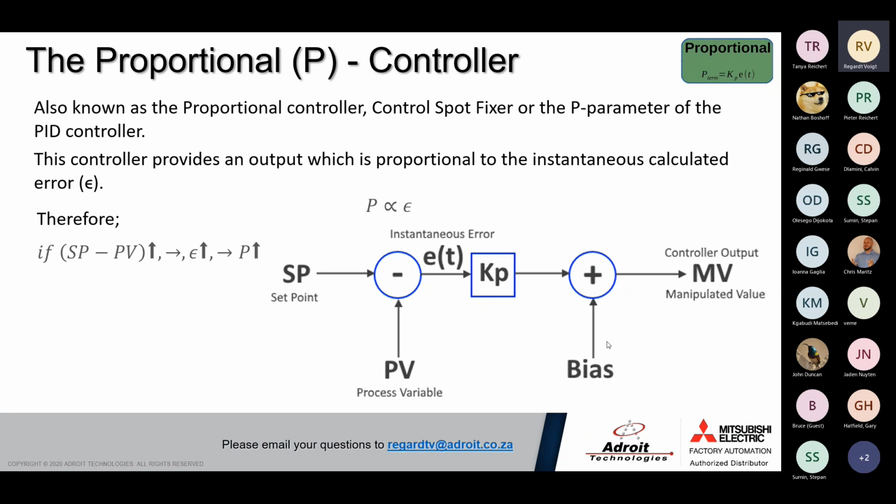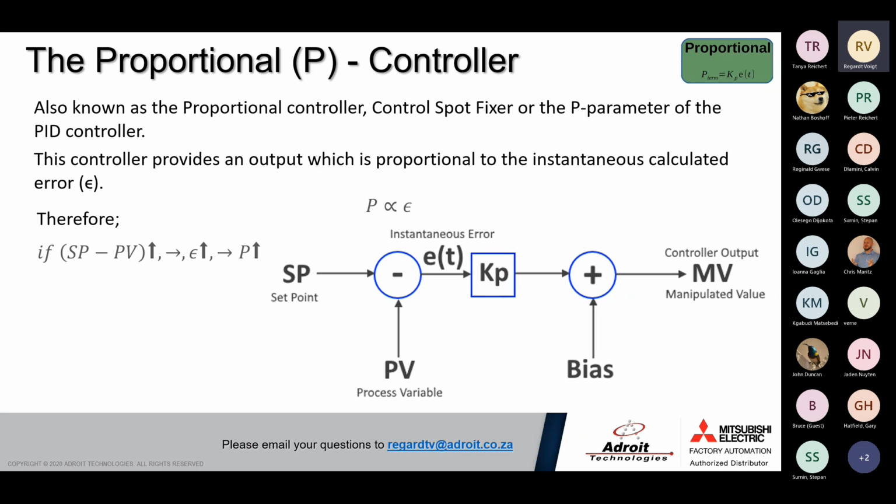There are a lot of P controllers in the field which do not incorporate the I parameter or a D parameter at all. So these are for applications where you don't need that level of accuracy. If you have a water dam somewhere in the field that you would use for cattle, to keep the dam level in control, you wouldn't mind too much of an overshoot or an undershoot as long as there's water in the tank.